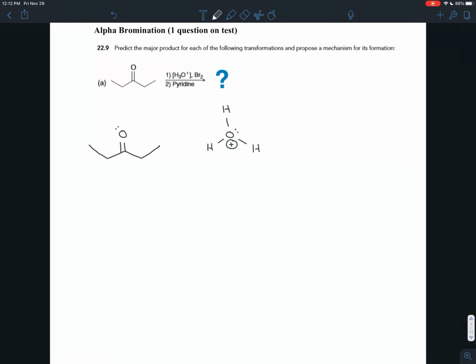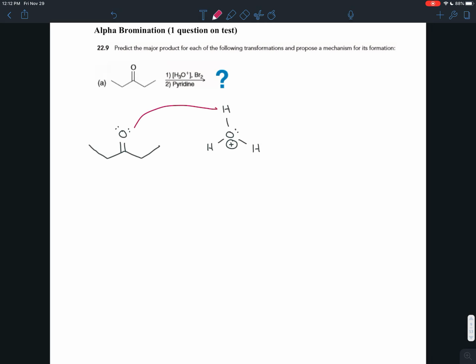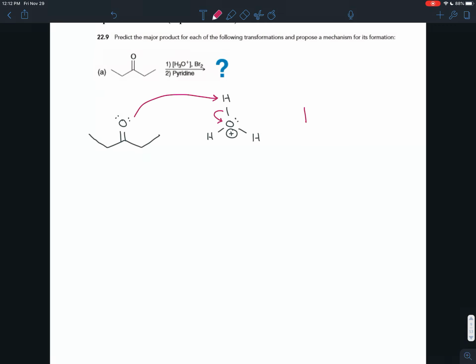The slightly negative oxygen here steals one of the slightly positive hydrogens in hydronium. The electrons that were keeping the hydrogen there snap back onto the oxygen. And so that's the first of our two proton transfers when you're doing this keto-enol tautomerism, as we presented in those previous videos.